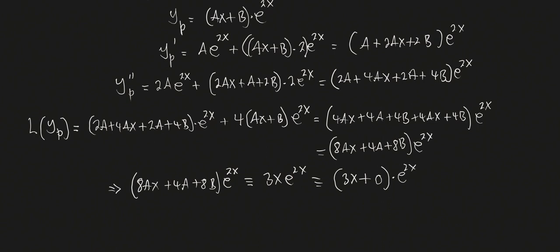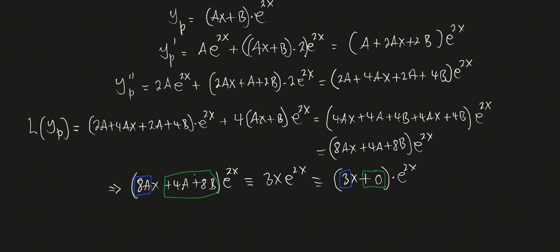So if I match up the coefficients, definitely see the e is already there, right? The coefficient of the x here would have to be equal to this coefficient of x. And then the constant terms here, the 4a plus 8b, well, I don't want any constant terms in my output, so it would have to be equal to 0.